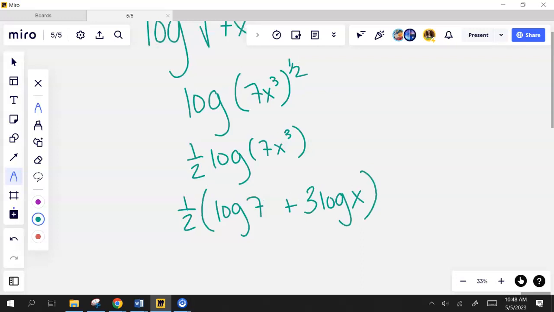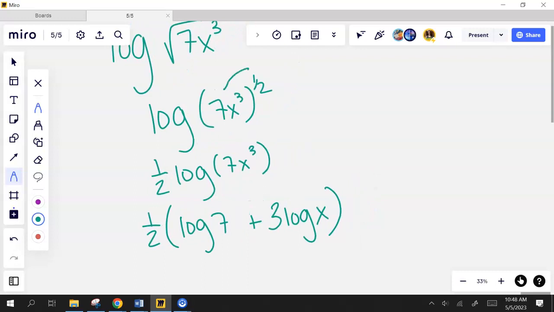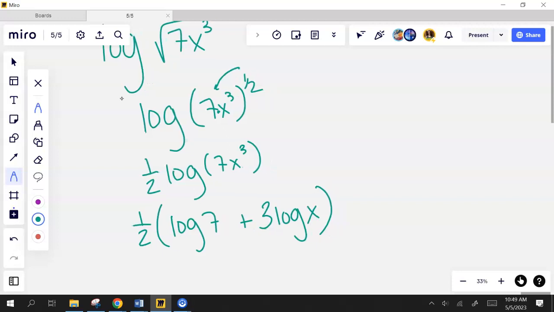Way number 2 you could work it is if you took this, and this only works, I'm hesitant to do it because it only works because I am multiplying inside the parentheses, not adding or subtracting. I could take that to both and say, well, that's the same thing as 7 to the 1/2, x to the 3/2.